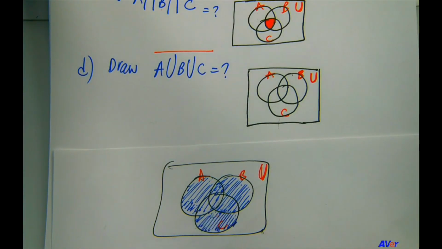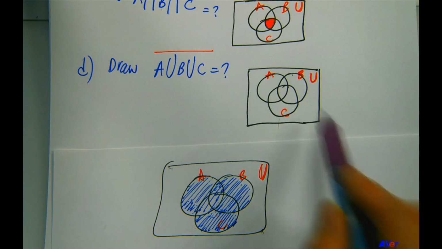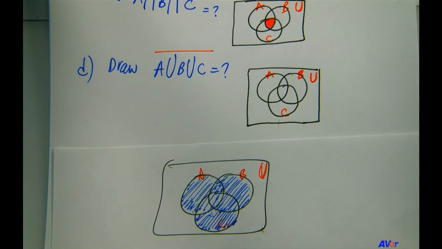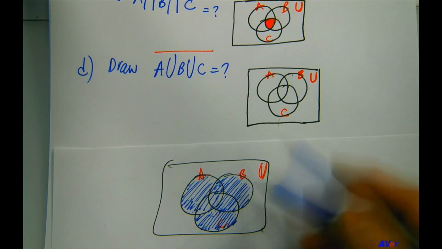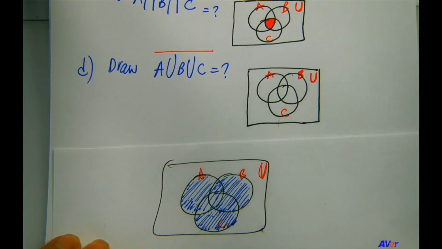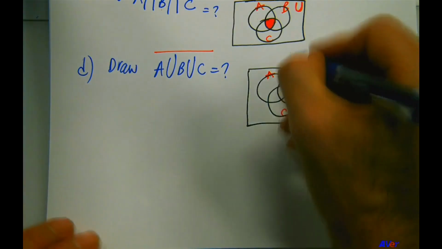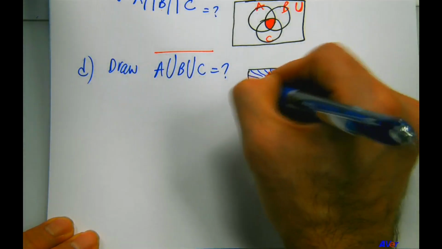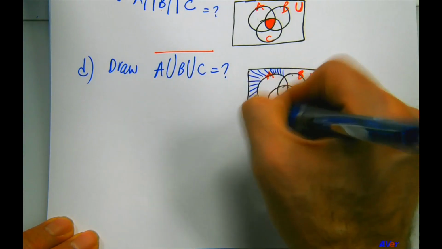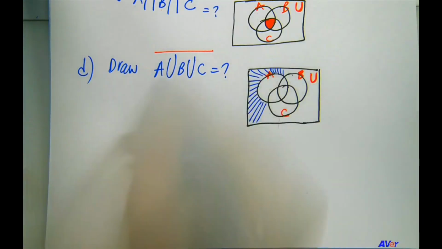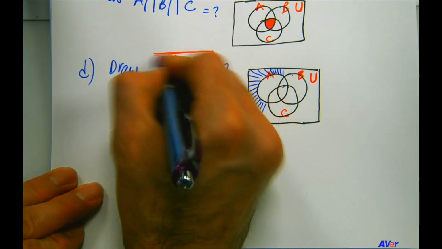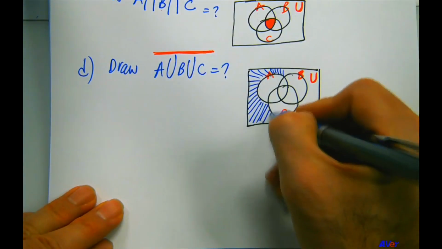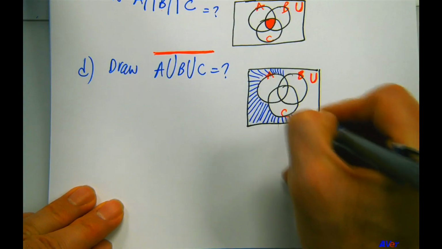What would be the complement of this? That's what we need to draw here. Do you see it? The complement of this is everything outside of the circles but within the box. All of that is A union B union C bar. So this bar changes the diagram, right?